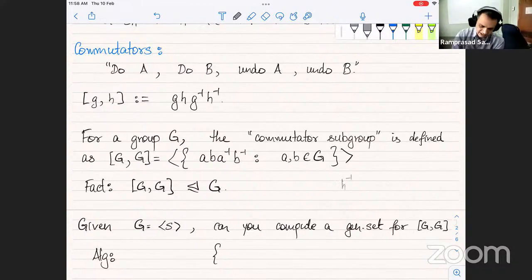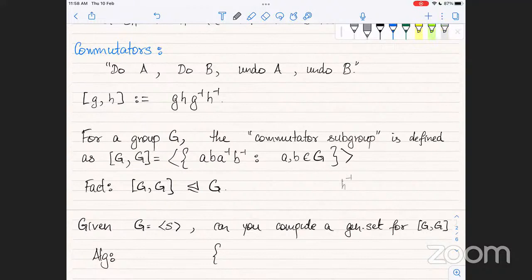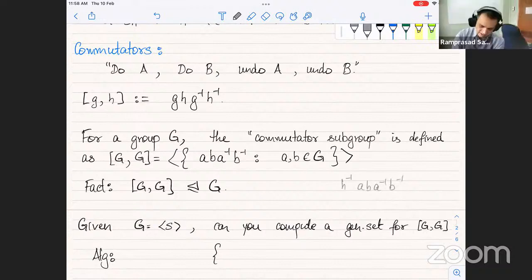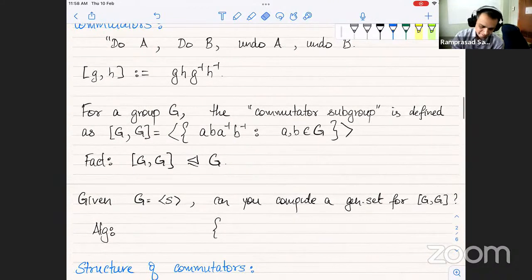So you're looking at, let's say, h inverse a b a inverse b inverse h. You write this as h inverse a h and then h inverse b h. So you just put an h inverse h in the middle of each of the four things. Yes. Okay, that it is normal is clear. That's right.